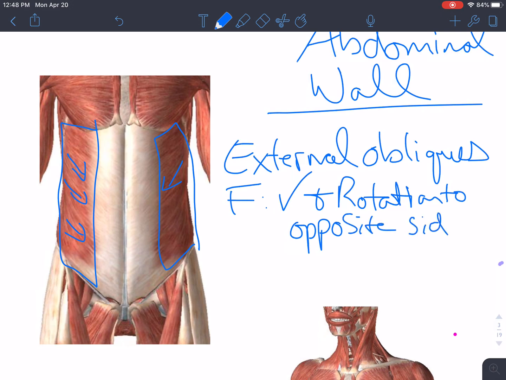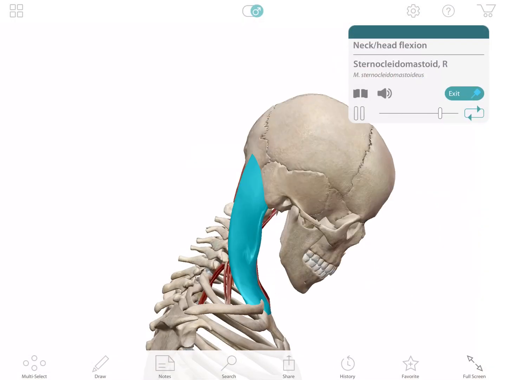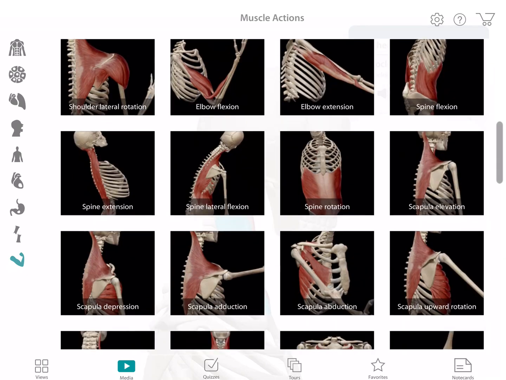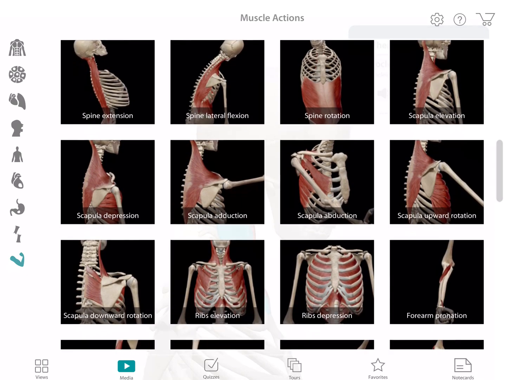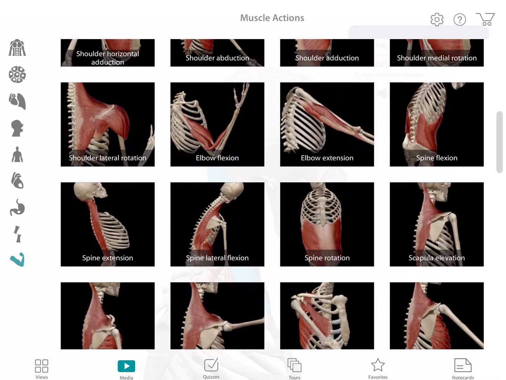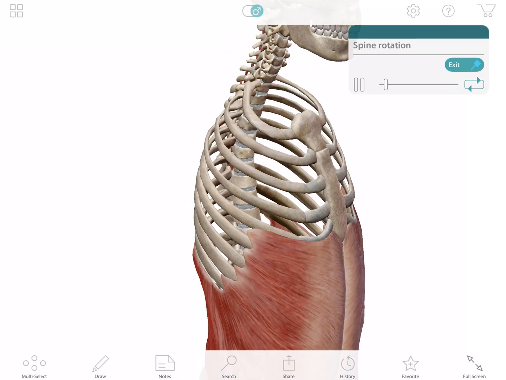Now remember, rotation is not like circumduction. You're not doing the hula hoop stuff. Let me see if I could show you on here. I see rotation of the waist or spinal. So there's lateral flexion, spine flexion. Oh, here we go.